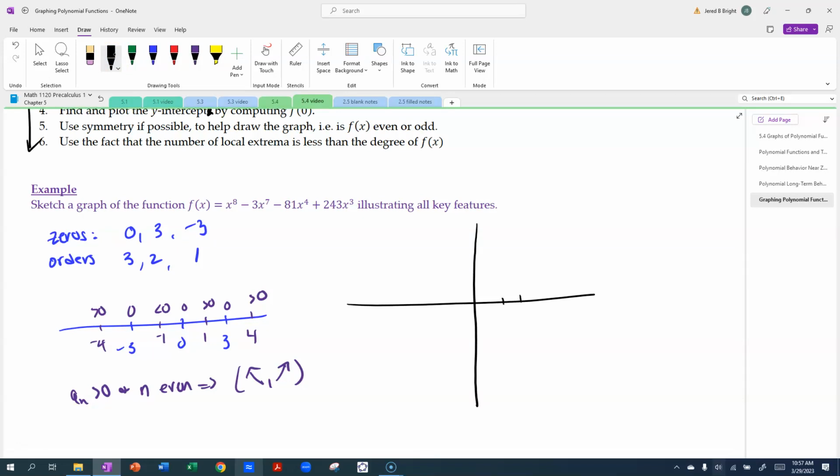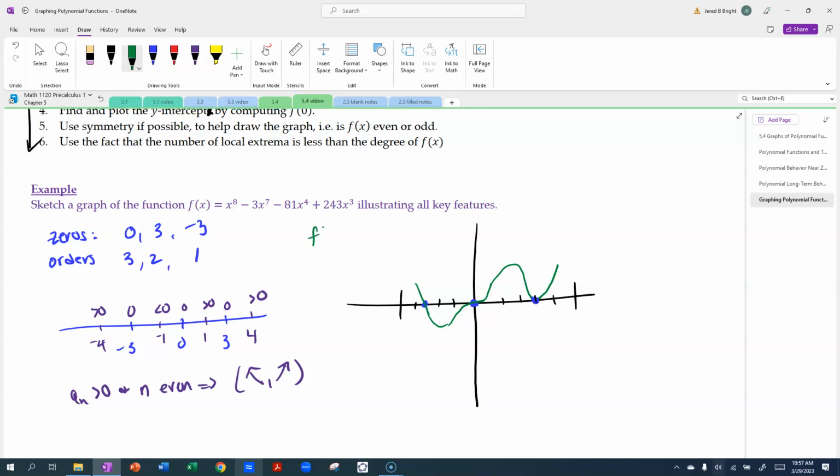Okay, 1, 2, 3, 4, 5, 1, 2, 3, 4, 5. I know there are zeros there, there, and there. The initial graph that we had looks something like this. It crosses and flattens, goes up, comes down, touches and turns around, but flattens as best as we can show that.